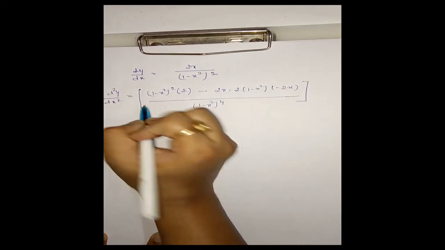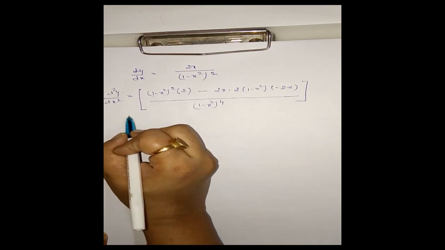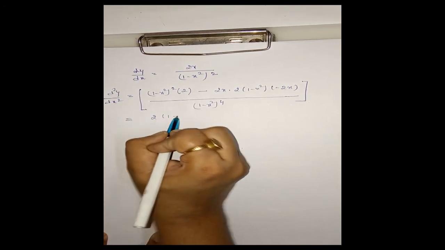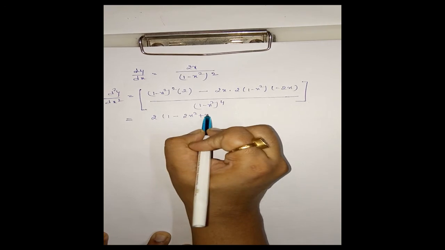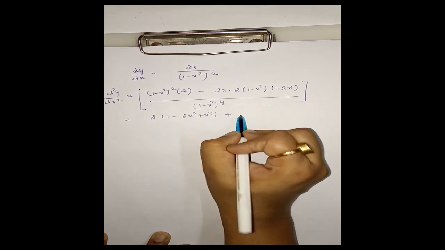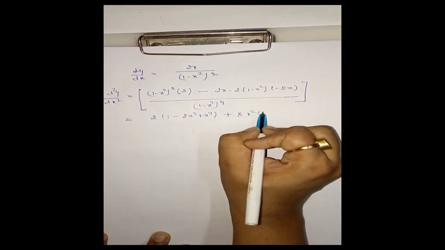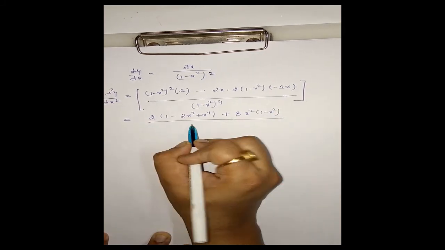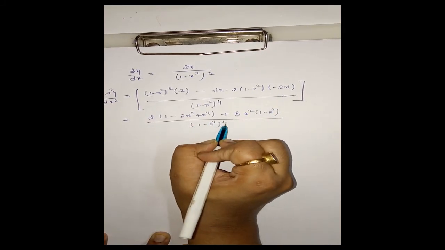On solving this, I get 2 times 1 minus 2x square plus x power 4 plus 8x square 1 minus x square upon 1 minus x square power 4.